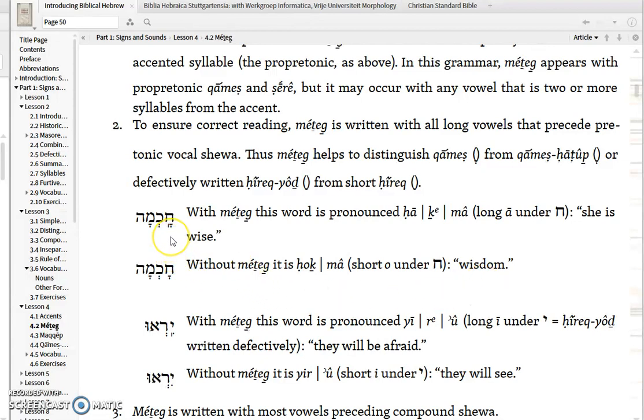So pronounce it with the metheg, hakama, then it's she is wise, but then without the metheg it's probably hokma, wisdom. And so there the metheg helps you to distinguish which kind of kamatz you actually have here.